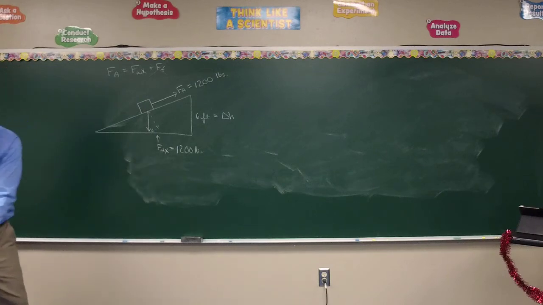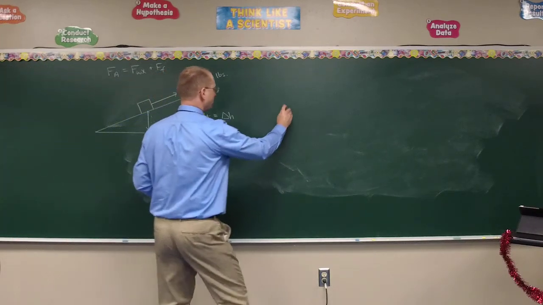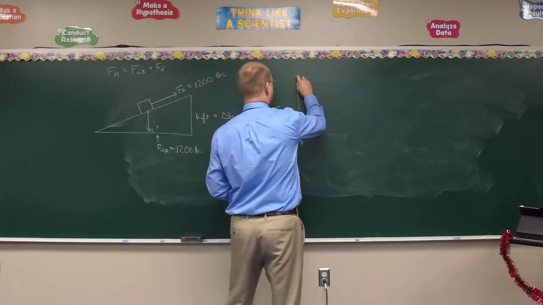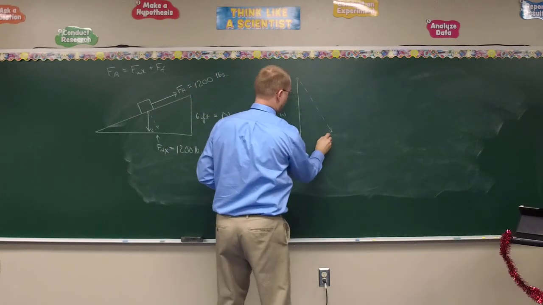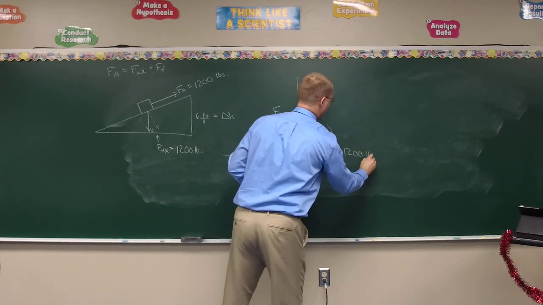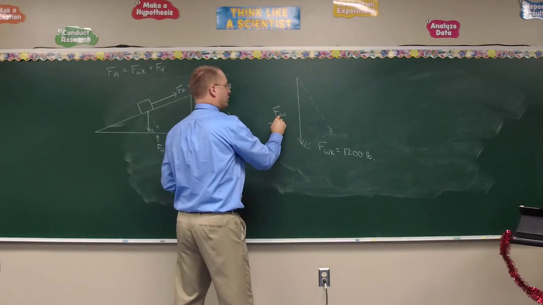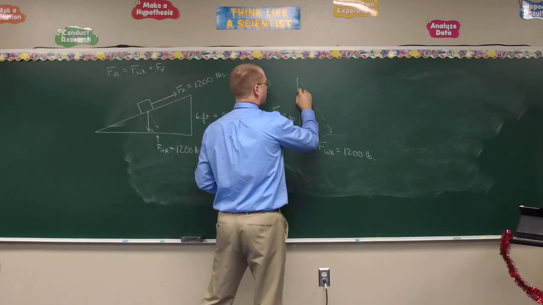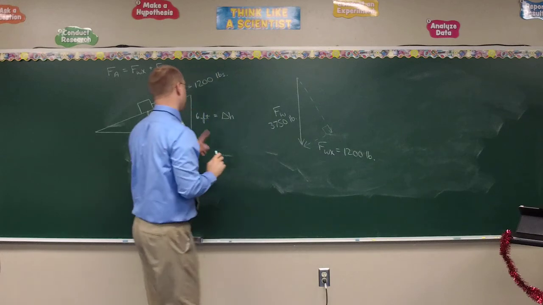Now watch, I'm going to zoom in just a little bit here. This is the weight. This is weight in the x. It's 1,200 pounds. The actual weight is 3,750 pounds, correct? Question is, how long should the ramp be?